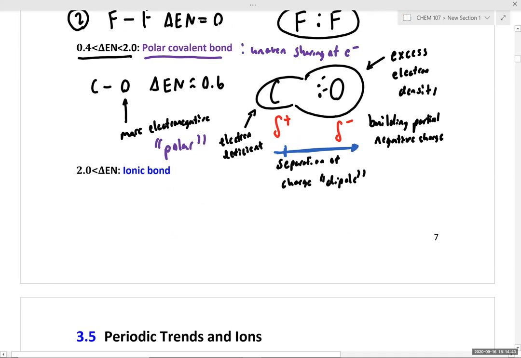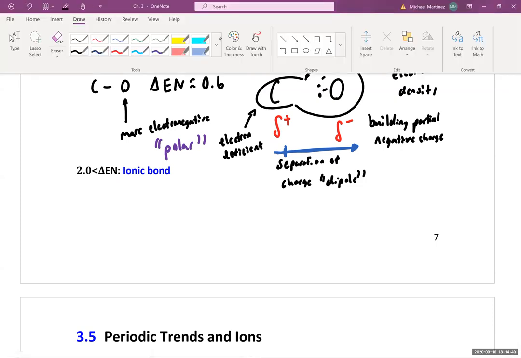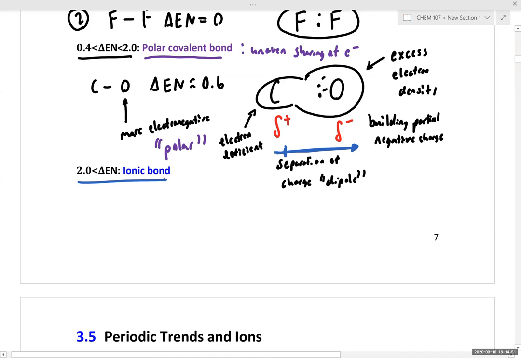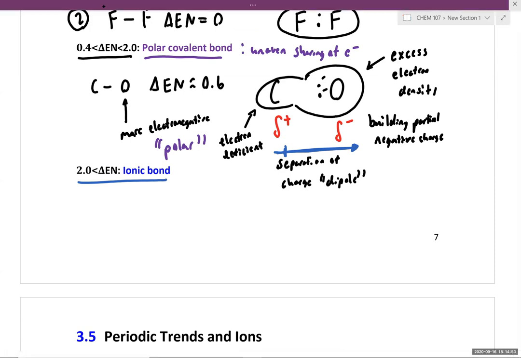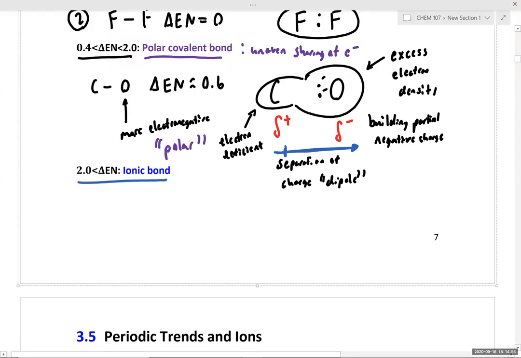So, the last major type of bond occurs if we have a large difference in electronegativity. If we have a difference in electronegativity greater than 2.0, this primarily occurs when you have a metal and a non-metal. So for example, sodium and chlorine, we have a difference of electronegativity of around 2.2.